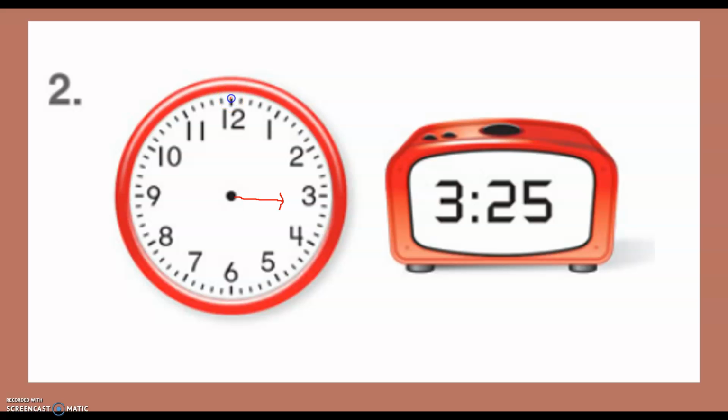We'll start at 12, which is 0, would be 3 o'clock, and count by 5s to 25. 5, 10, 15, 20, 25. So my minute hand points to the 5. You're going to be practicing this today.